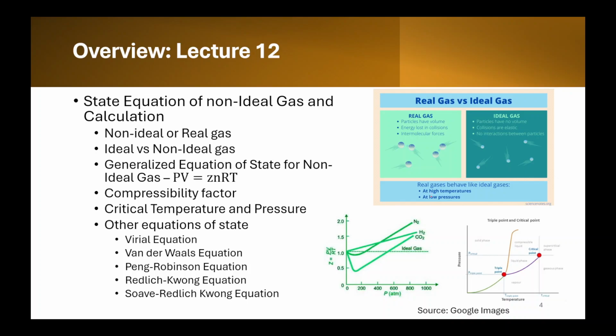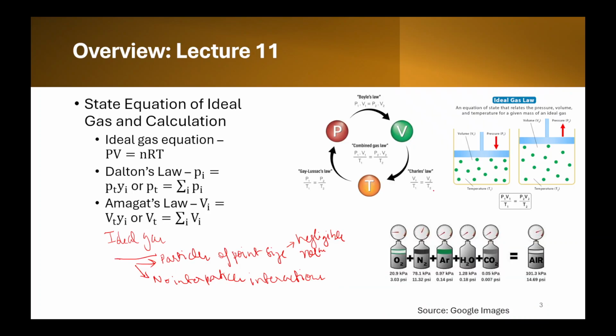How this comes about is that suppose this is a container, and there are particles of some gas, and it is at very low pressure. At low pressure, the particles may be considered to be far apart, so that the interparticle interactions may be insignificant.